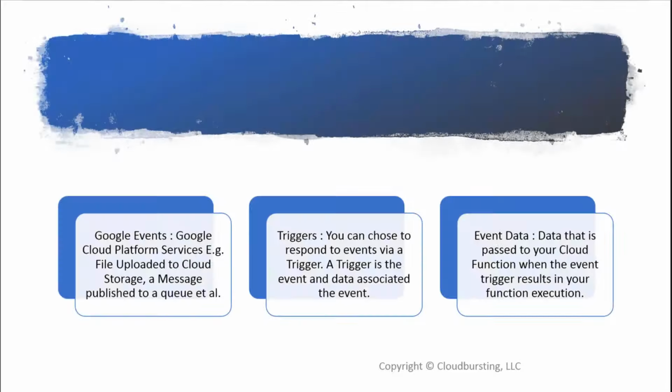Now, with Cloud Functions, you're really going to concern yourself with triggers. Now, a trigger is what? It's going to be an event or some kind of data as a result of an event that you're going to want to be notified about. For example, if someone goes to a website and you see the chat box that pops up, that's really a trigger.